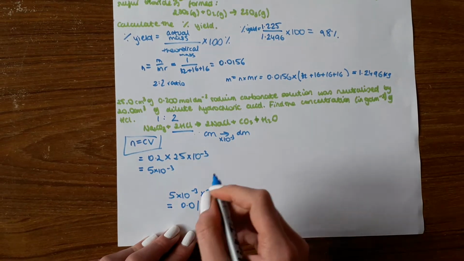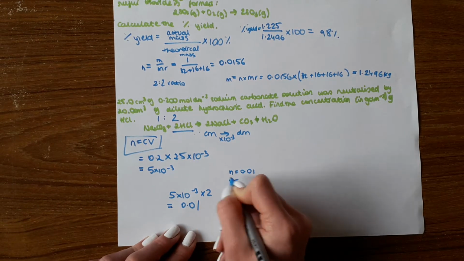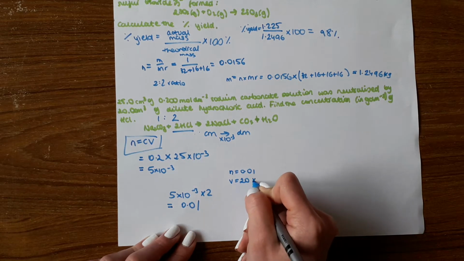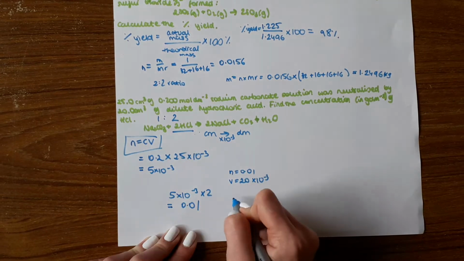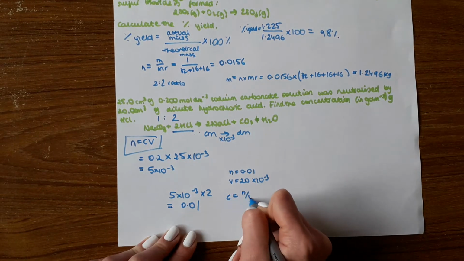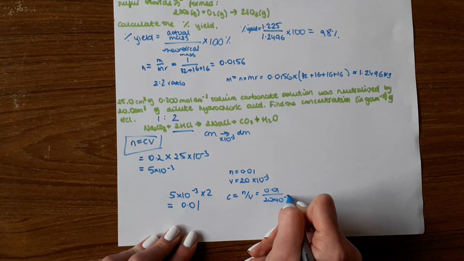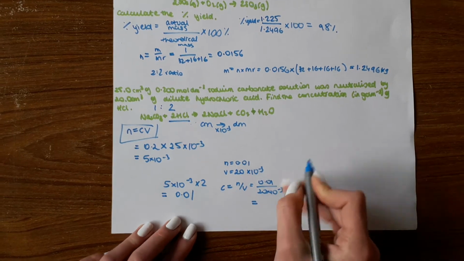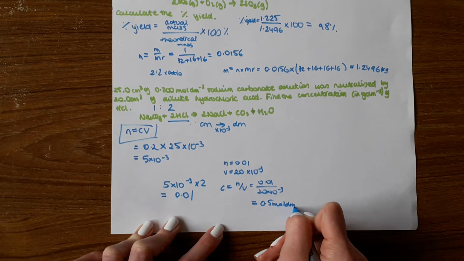So if we know the number of moles, and we know the volume, which is 20 centimeters cubed times 10 to minus 3 to decimeters, we can use again this equation, but rearranged, to find concentration. And this concentration is 0.5 moles decimeters minus 3.